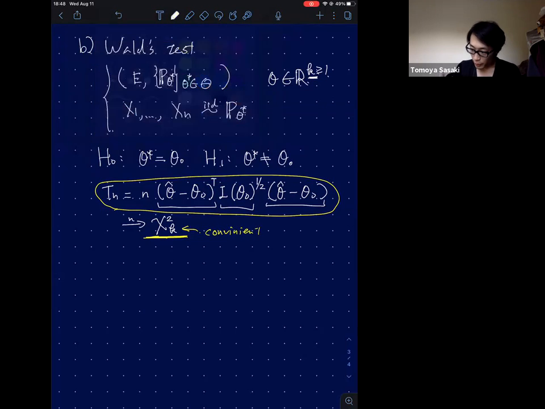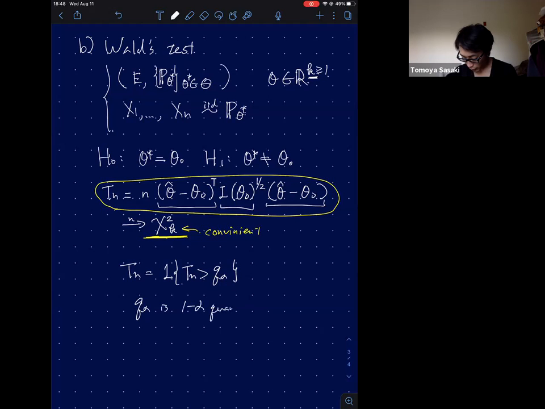So in this test, what we're going to do is take the quantile q alpha, because we are interested in a test with level alpha, where q alpha is the 1 minus alpha quantile of chi-square with k degrees of freedom.